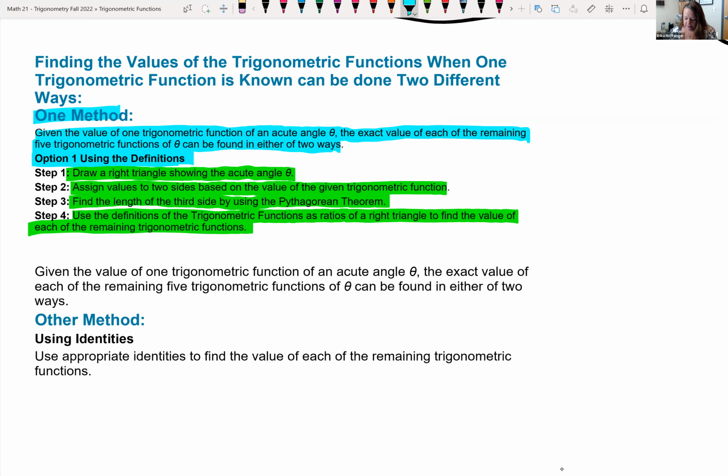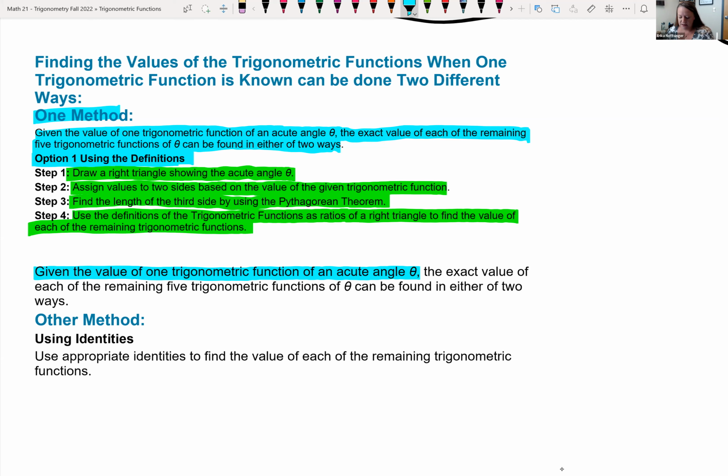The second method: given the value of one trigonometric function of an acute angle theta, it's key here that we've been saying acute, and we'll again be dealing with angles that are not acute, but things will change a little bit. Not much, but they'll change.